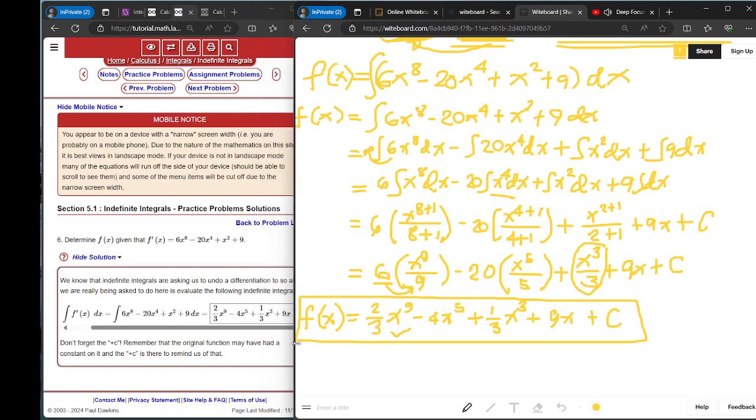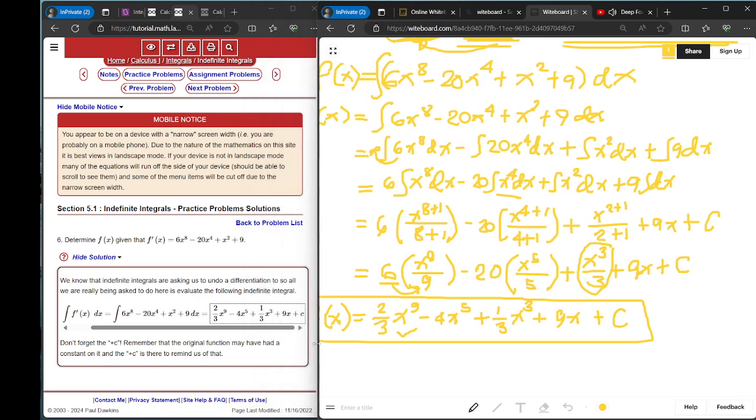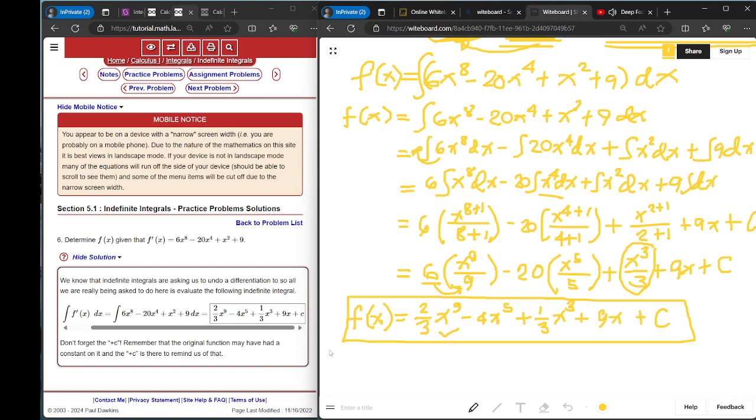Then the next is 4x to the 5th. All right. Then 1/3 x cubed, then plus 9x plus c. By the way, please take note of the signs. Whatever the sign, just follow the signs. Which means our solution is correct.